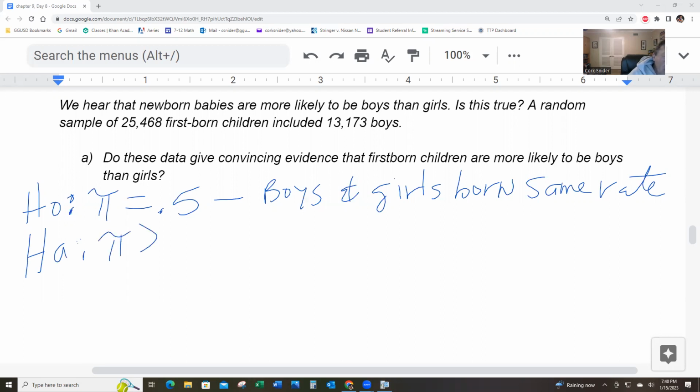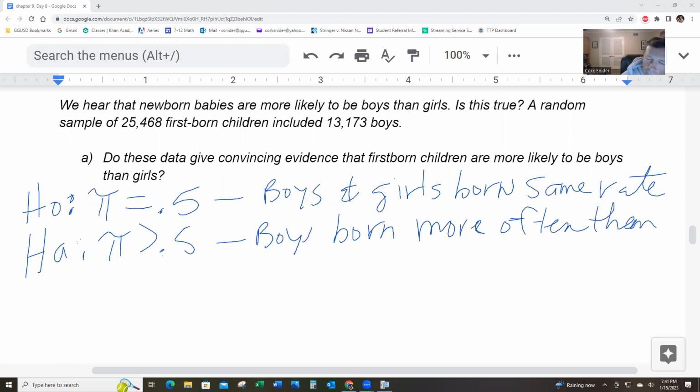All right, HA. Pi is greater than 0.5. Boys born more often than girls. Okay, so there's your H0, HA.